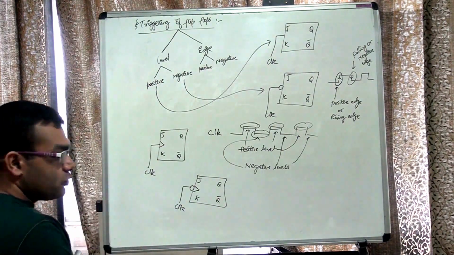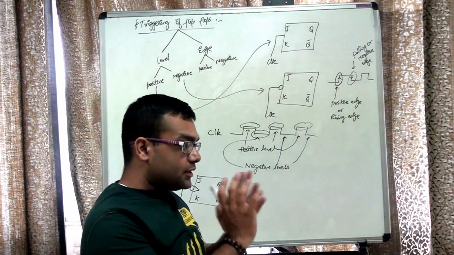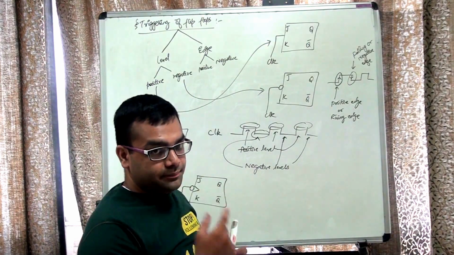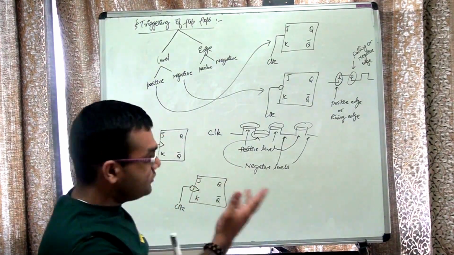We have seen the truth tables of the flip flops, but another very important aspect of the flip flops is their excitation tables. Alright, what is the difference? We'll just see in a little while.